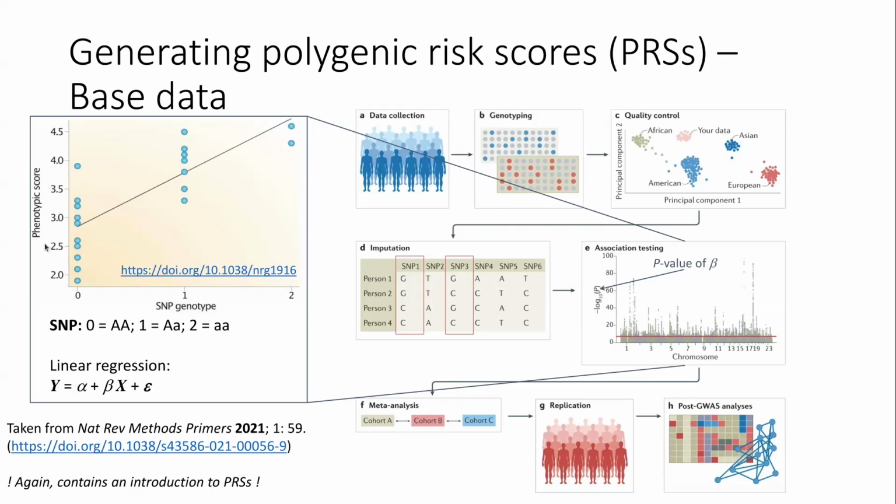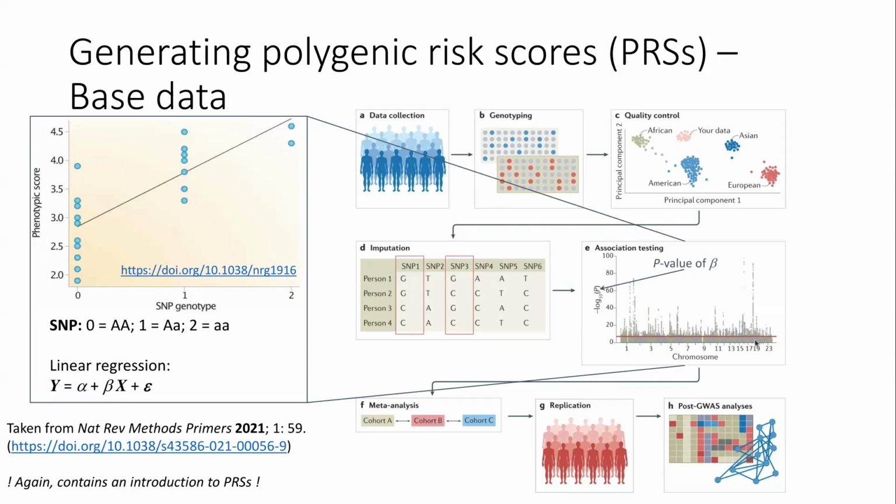So the phenotypic score is regressed on the SNP, the x-axis, and we get an estimate of the effect size beta. So that's what we're interested in. And if you do linear regression, you also get a p-value for this effect size. So sometimes it's not significant and sometimes it's highly significant. And that is actually what is plotted in this graph.